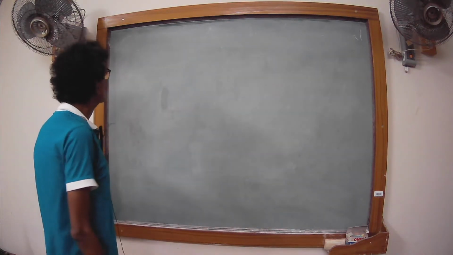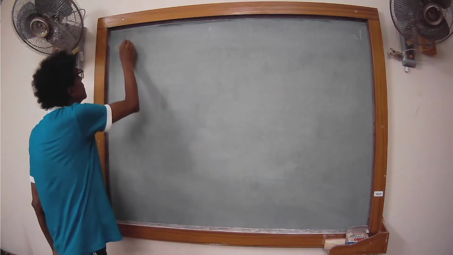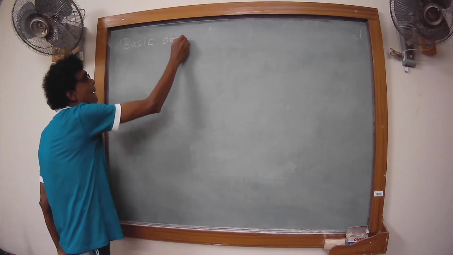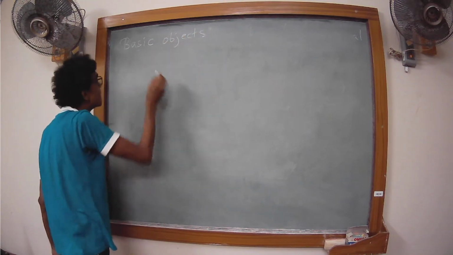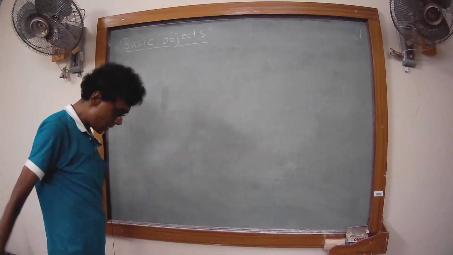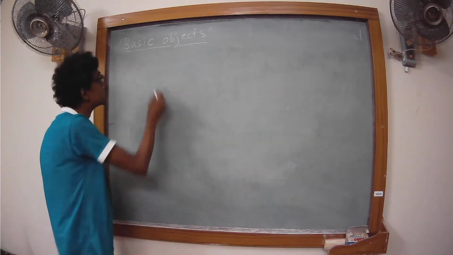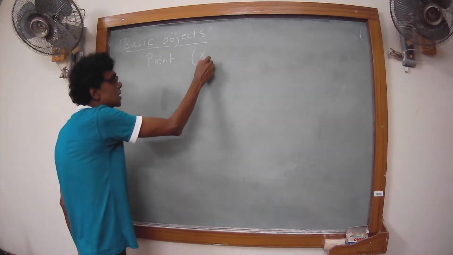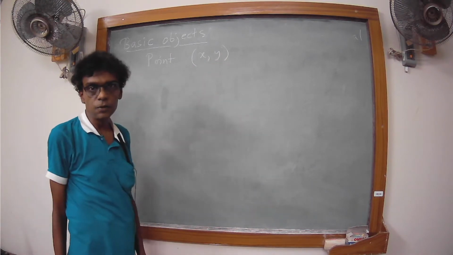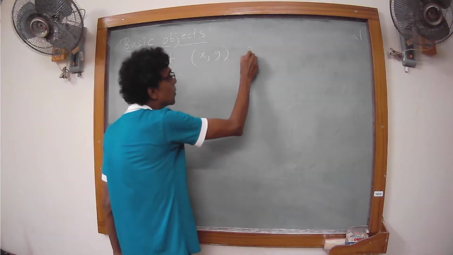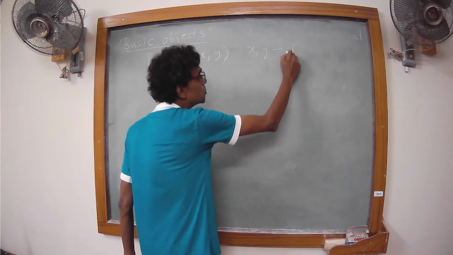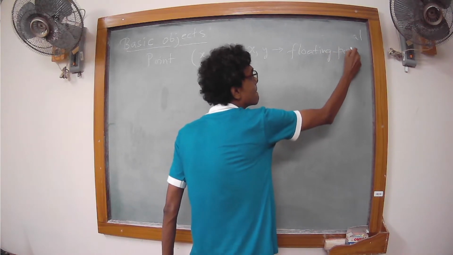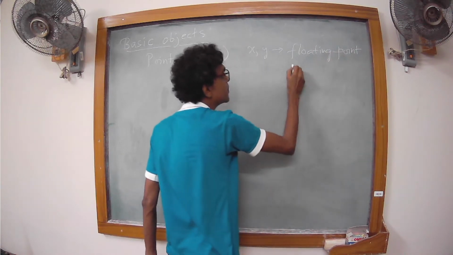So, today I will talk about some basic objects of geometry. As I have already mentioned, a point is the first basic object specified by 2 real valued coordinates. So x and y in computers, they are usually floating point numbers.